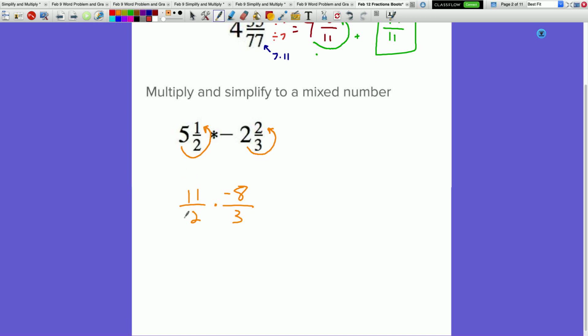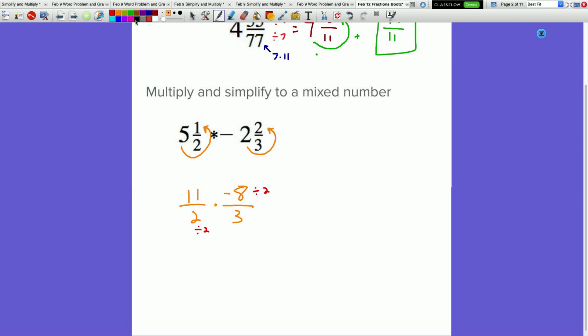Now I've got 11/2 times -8/3. I can cross simplify this by dividing the 2 and the 8 by 2. I'm allowed to do this even though they're not directly on top of one another, because they are diagonal from one another. That's why it's called cross simplification.